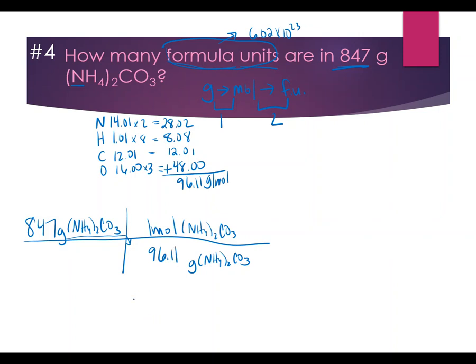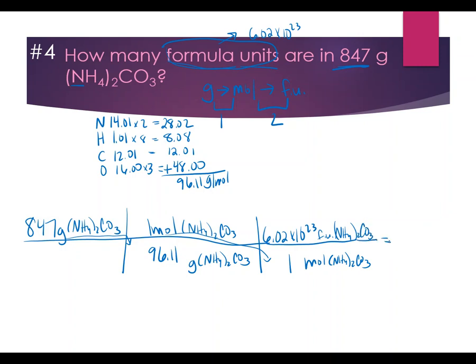Now we have the molar mass, we can insert it and continue on with our T-chart. Next thing is we take our moles from right here and we diagonal them down. Moles (NH4)2CO3, 1 mole, and then Avogadro's number, 6.02 times 10 to the 23rd formula units of (NH4)2CO3.